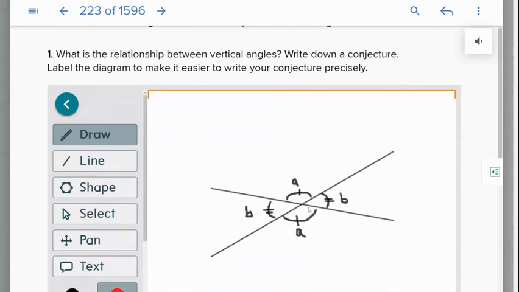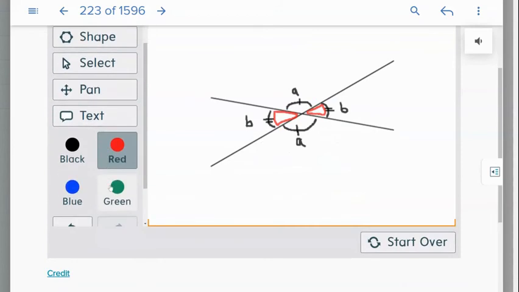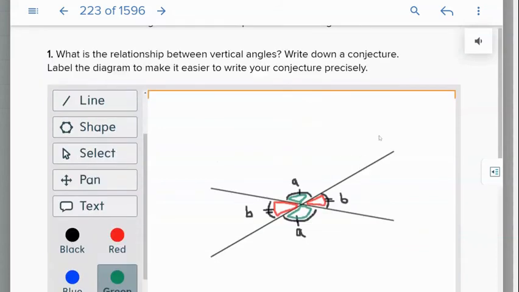So angle B right here is going to have the same measure as that. So those are vertical angles, okay? And angle A is going to be a vertical angle to this angle. That's what it means to be vertical angles.